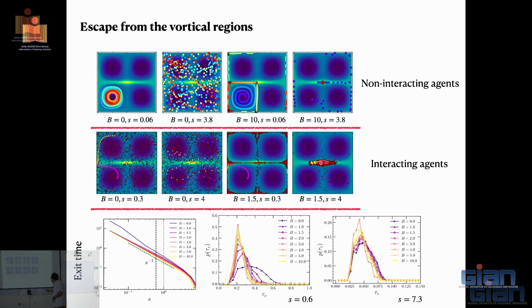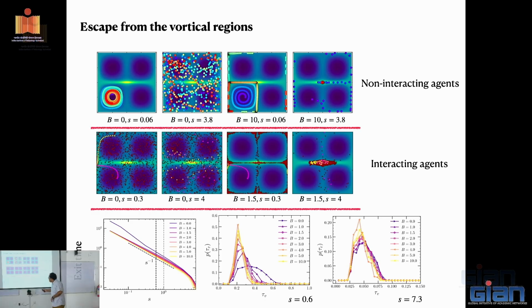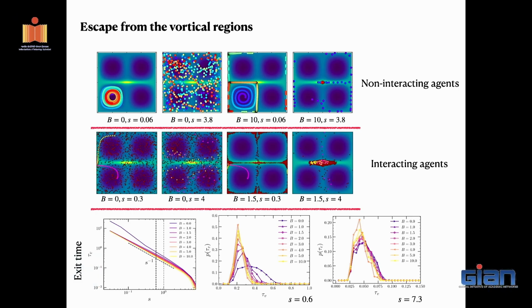So at this swimming number, for this value of B, you see all of them managed to come out of the vortices and they have started residing in the strain dominated region. They have started forming small clusters, right? And in the video that you saw, some clusters could form eventually.